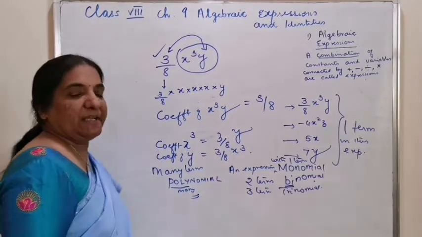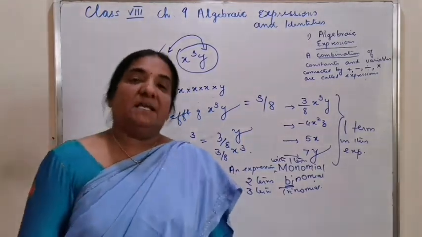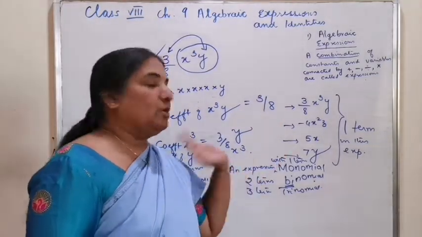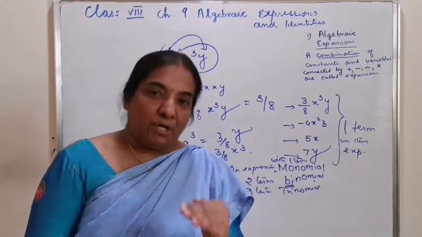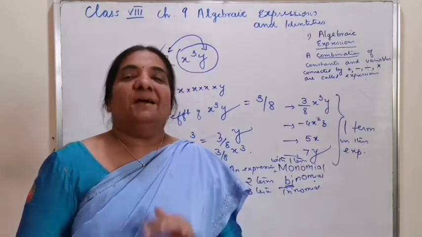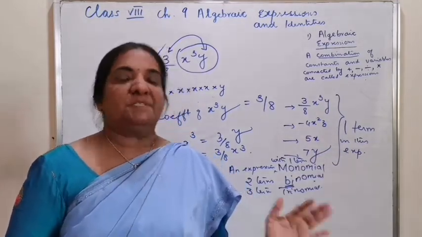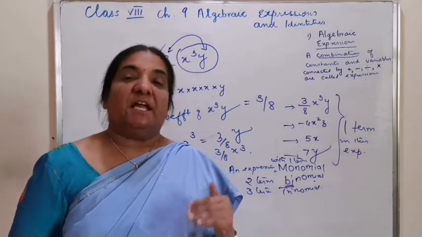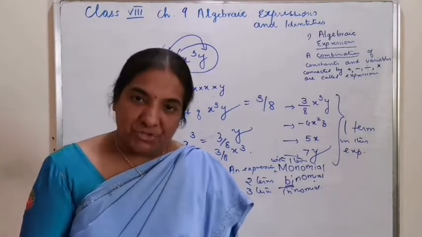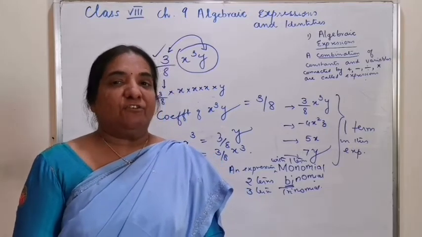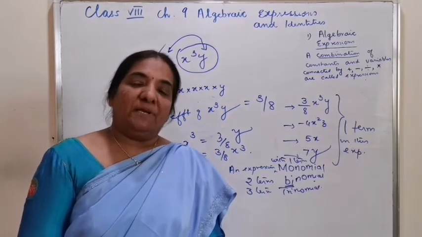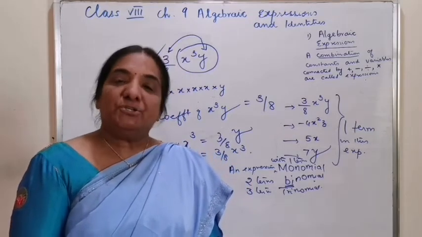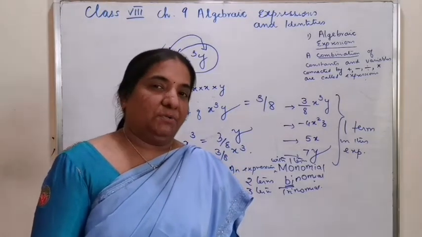So, a monomial can be explained as a polynomial with 1 term, a binomial as a polynomial with 2 terms, a polynomial with 3 terms, and so on.